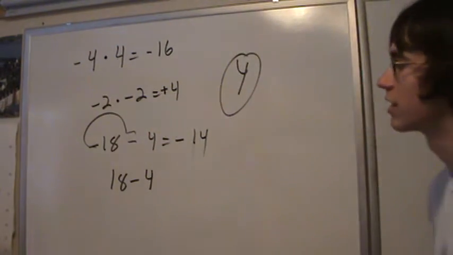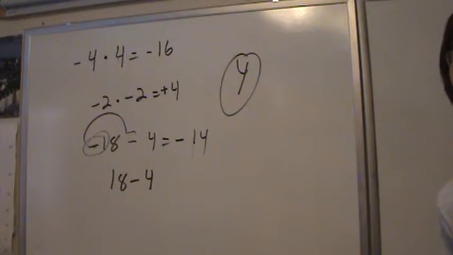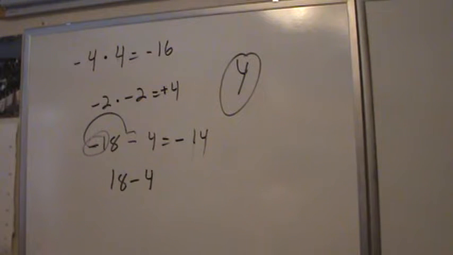So the answer is 14. The reason it's negative 14 is because of the negative 18. And you can even use a calculator, so let me get our beautiful Casio calculators out. Negative 18 plus 4 gives us negative 14, obviously.